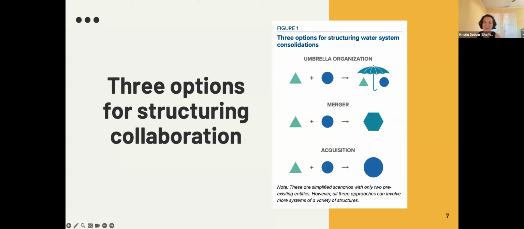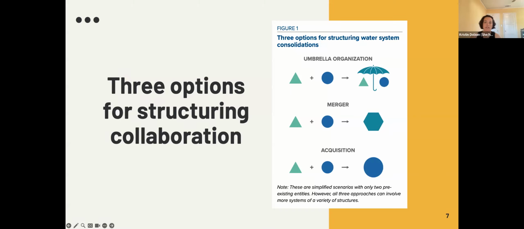But the important thing here is that we have an umbrella organization in addition to the pre-existing systems. This is very different than a merger, where 2 or more water systems are joined to create a new or altered entity that is responsible for jointly operating and managing the water system of both. So it becomes one water system.